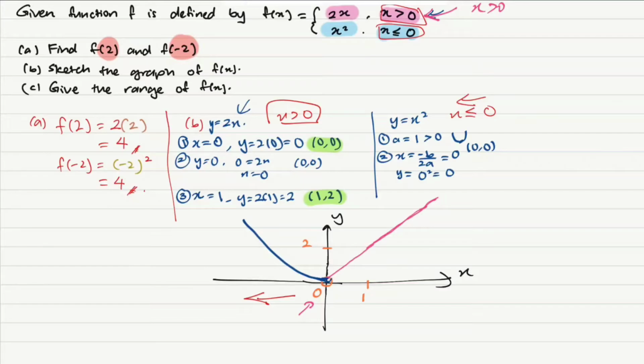Okay, what about the dot exactly at 0 for this quadratic graph? Should it be a dense circle, black dot, or a white circle, white dot? We should draw a dense circle here. Why? Because we see that there's an equal sign. So right at 0, for this quadratic function, it should be a dense circle. But hold on, just now, right at this 0, we have that empty circle, which comes from the linear function.